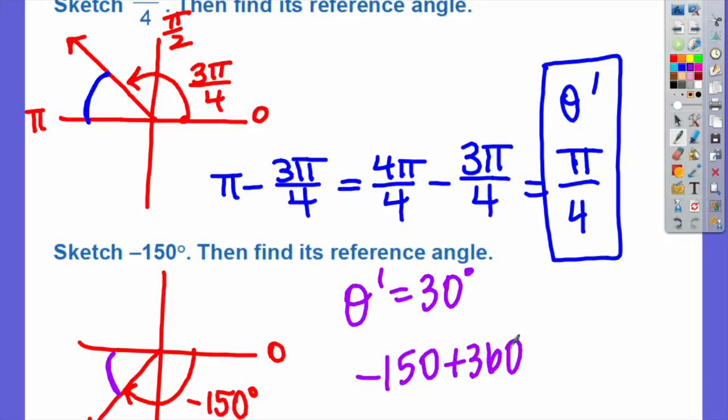What's negative 150 plus 360? 210. Is 210 in the first, second, third, or fourth quadrant? Third. So the third quadrant says to do the angle minus 180. What's 210 minus 180? That's how you use the formula to find the reference angle. Or you can pretty much recognize the distance it is away from the x-axis.